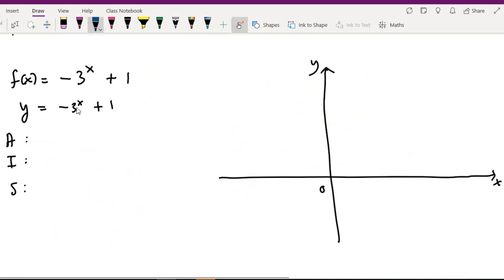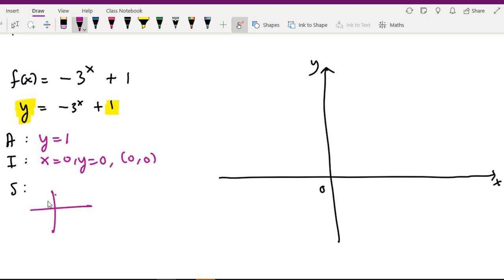for this type of function, y equals negative 3 power x plus 1, the asymptote is y is equal to 1. To find the intercept point, when x is equal to 0, substitute 0, y is equal to 0. So the point is 0, 0, at the origin.